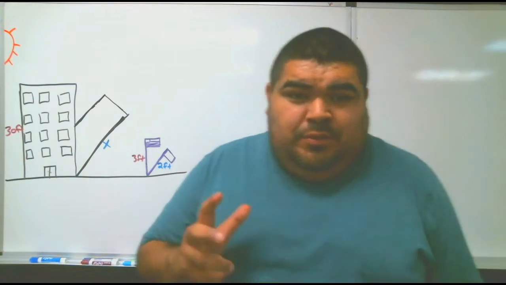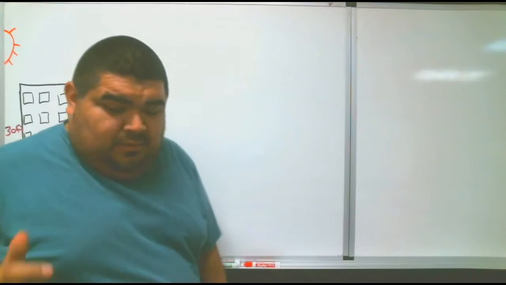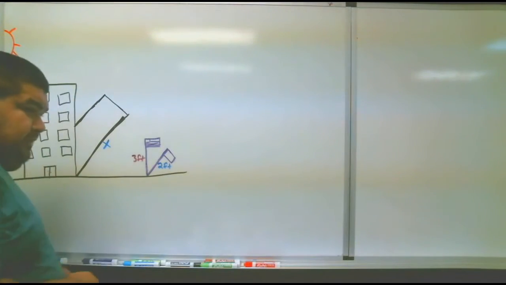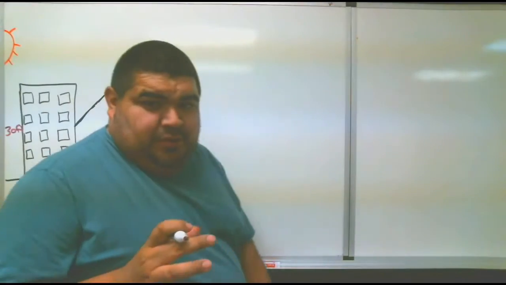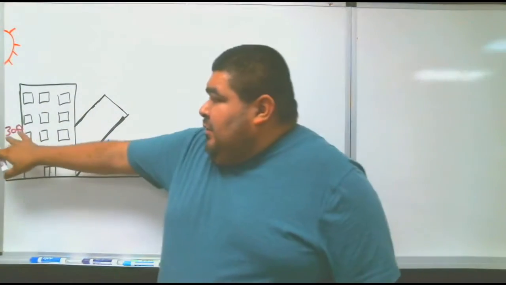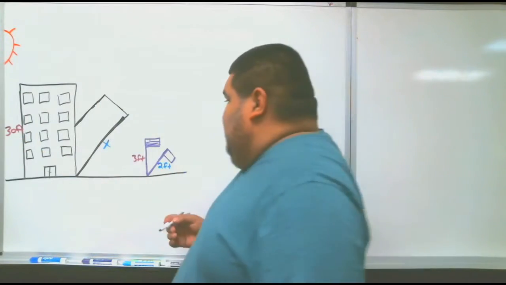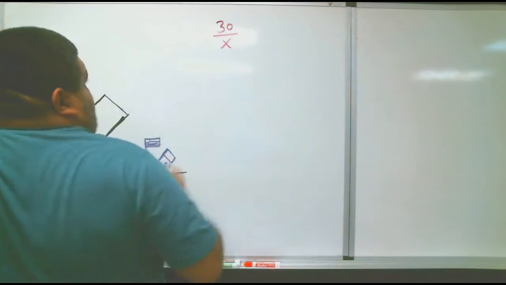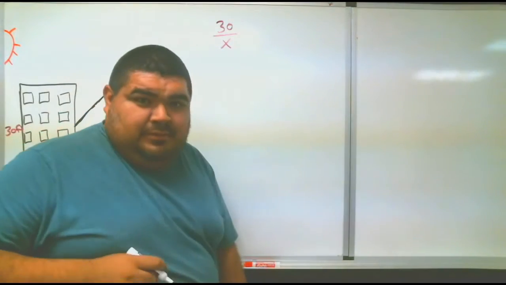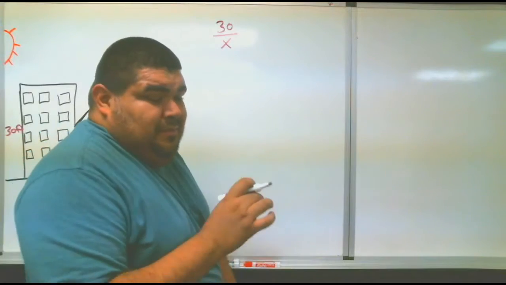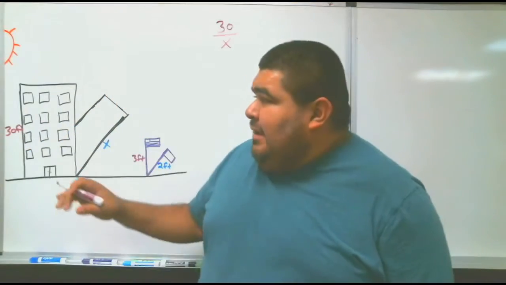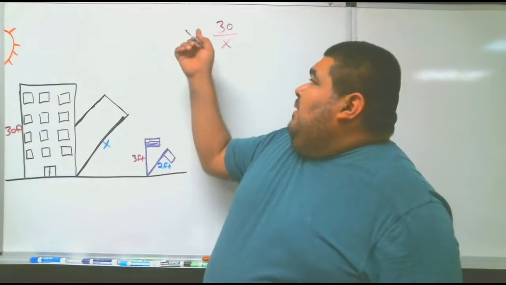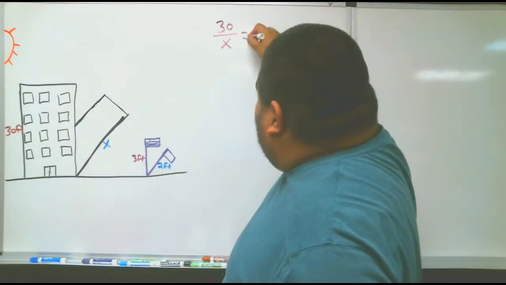The way we do it is we set it up as what's known as a ratio for the first part. We're going to start with the building. We have 30 over x. Now keep in mind, since we use the height of the building, the solid shape, on top, we have to equal it to the other item.